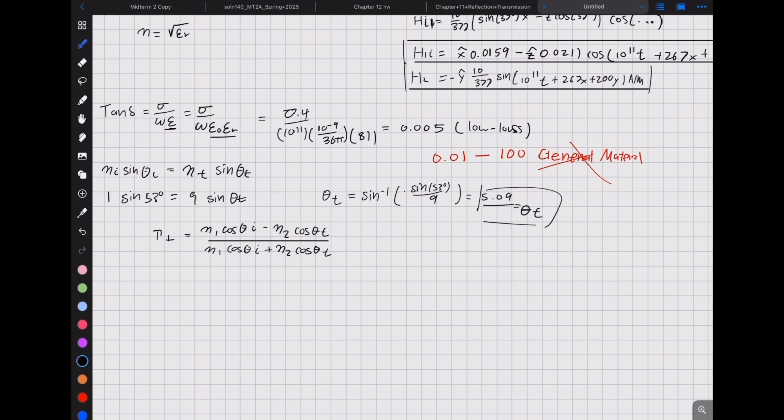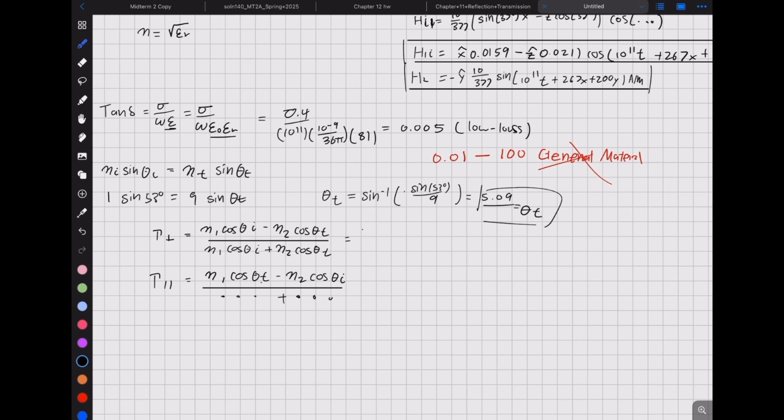The only difference is that they add each other. So gamma parallel is going to be the same thing, but n of i cosine of t minus n2 cosine of i. Only the thetas swap. And on the bottom is going to be plus, and the same thing is reflected down there.